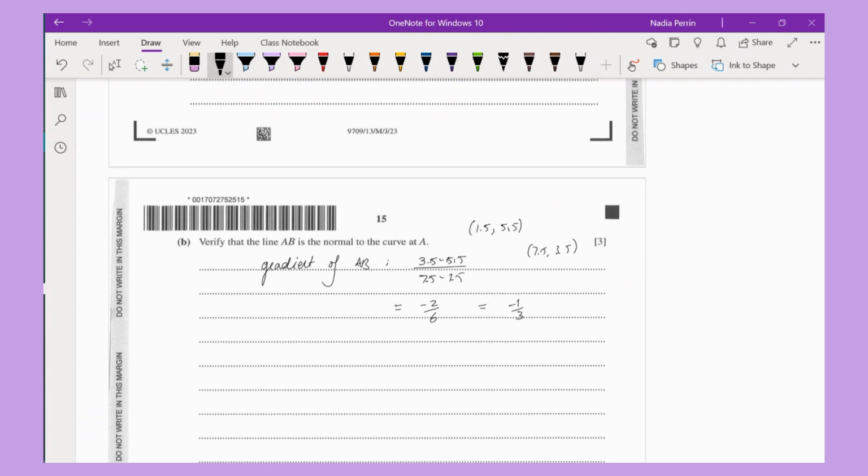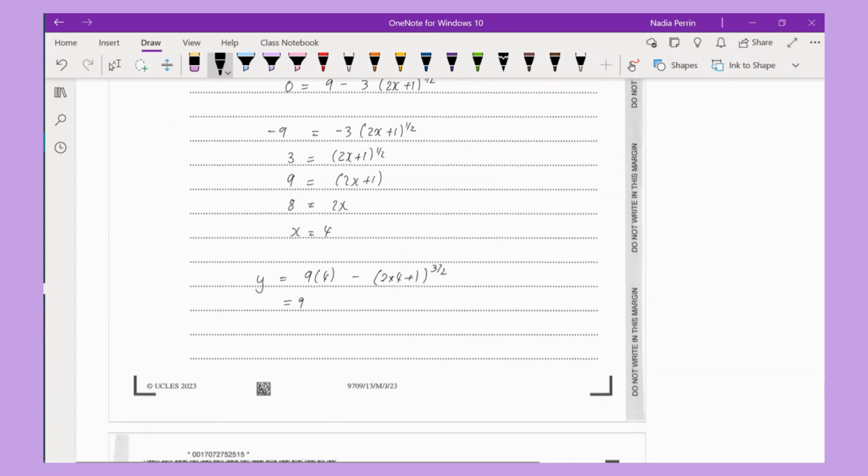So then we want to show that the gradient at A is going to be the opposite of that, the perpendicular of that. So we're expecting, if it's perpendicular, to be 3, and then we know if we've got it right or not. So the gradient, because it's at A, is going to be when we put x equals 1.5 into our derivative.